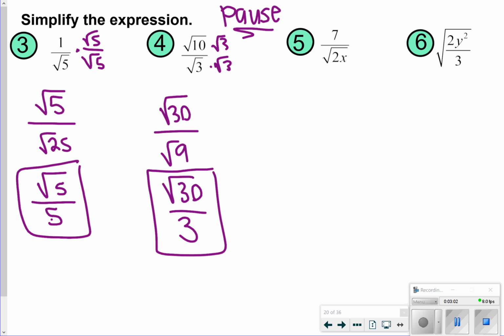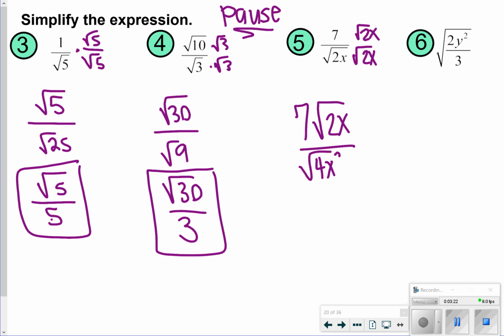Number 5, you should have multiplied both top and bottom by the square root of 2x. So if we multiply the top number by the square root of 2x, we get 7 times the square root of 2x. And then on the bottom, when we do 2x times 2x, we get the square root of 4x squared.